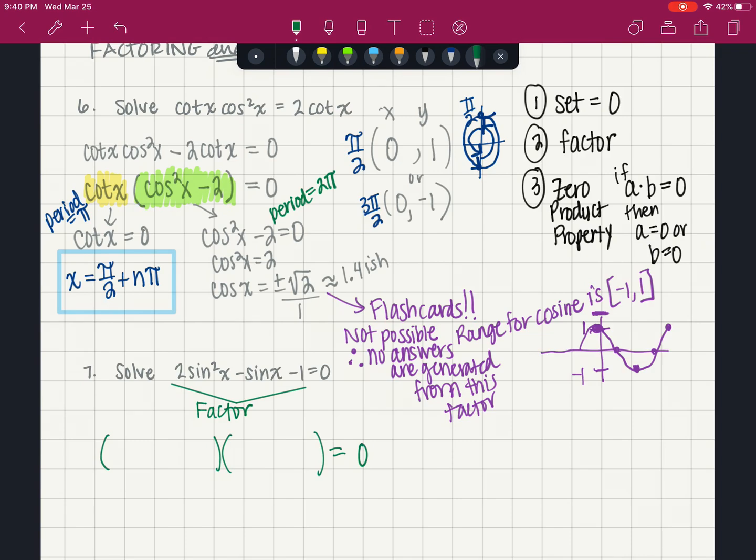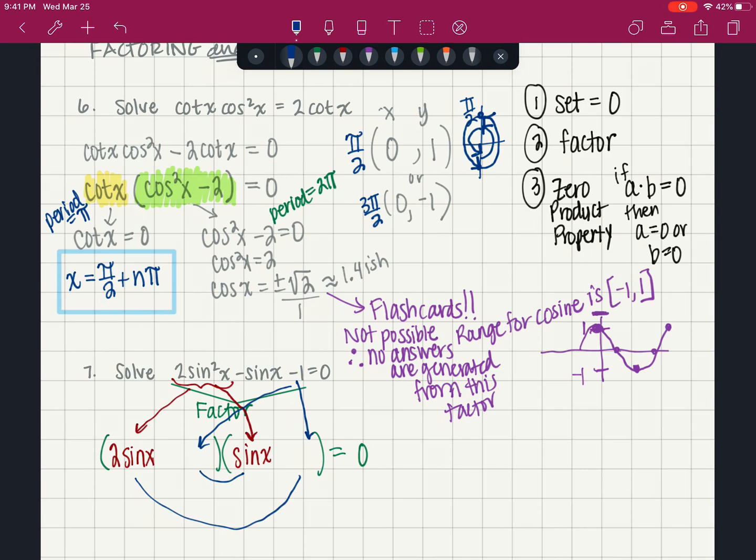So how do we get back to 2 sine squared of x? Well, that comes from the first terms. So 2 sine of x times sine of x is going to give us 2 sine squared of x. And how do we get back to -1? Well, we're going to have a +1 and a -1.